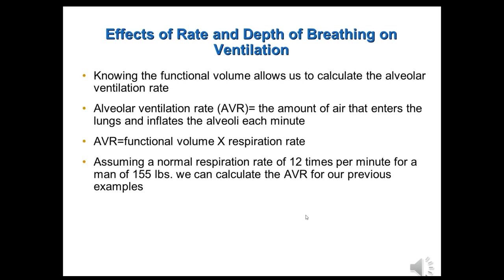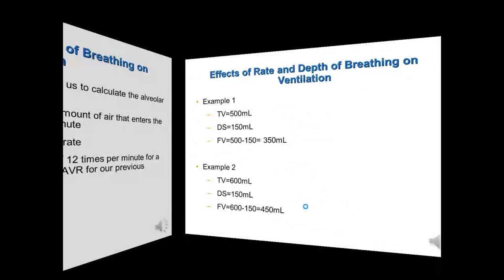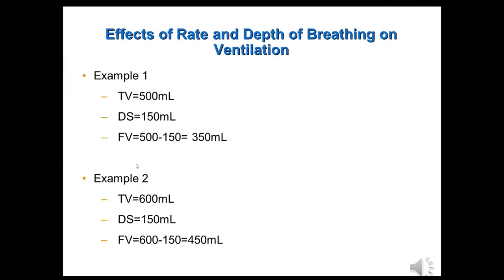All right. So if we go back to those two examples that we just had, right? Tidal volume, dead space volume, and then here are our functional volumes. And I believe we said, let's assume the person is making 12 breaths a minute.